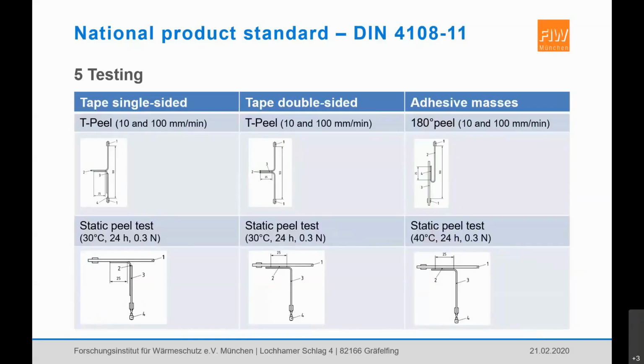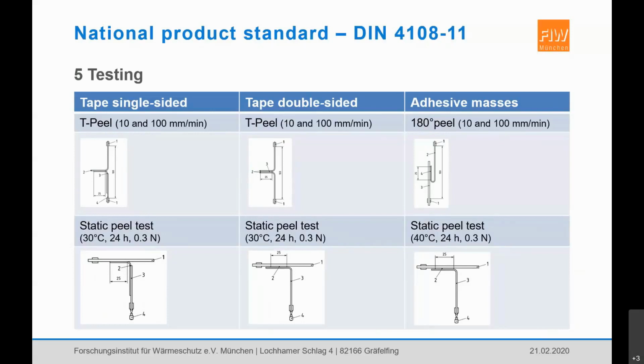A very short overview of the different test situations; we have 6 different test situations. If you look at the top line, you see the testing for the T-peel test for single and double-sided adhesives, and a 180-degree peel test for the adhesive masses. These are the dynamic test situations, and on the line below are the so-called static peel tests for adhesive tapes and adhesive masses.